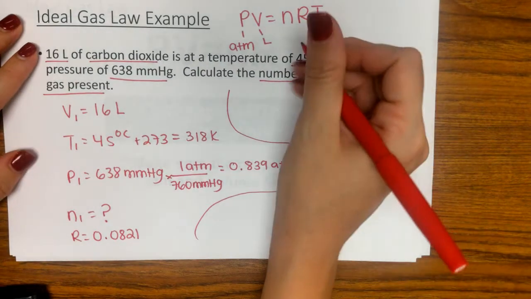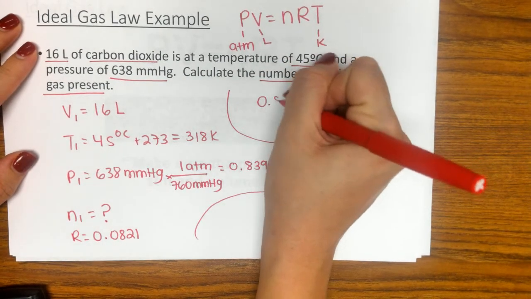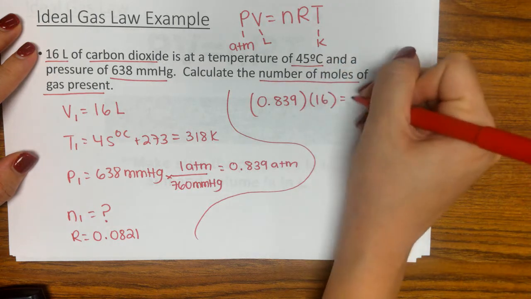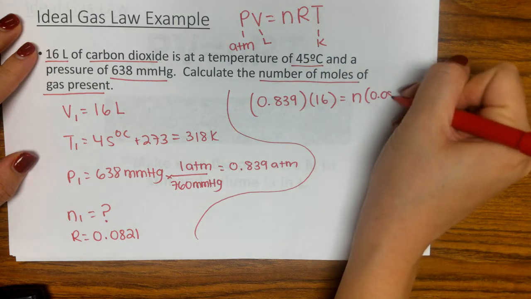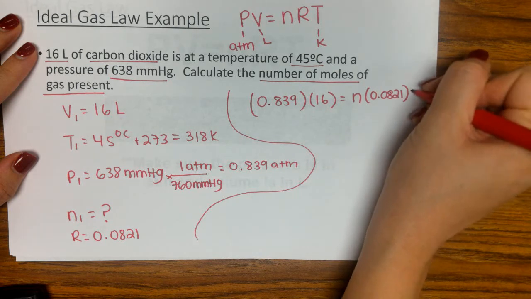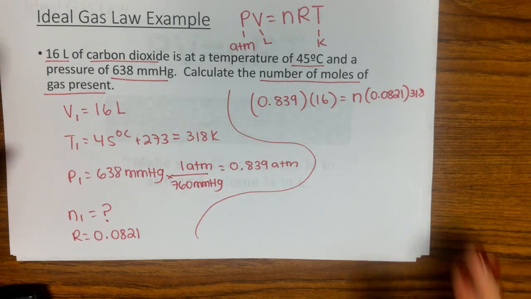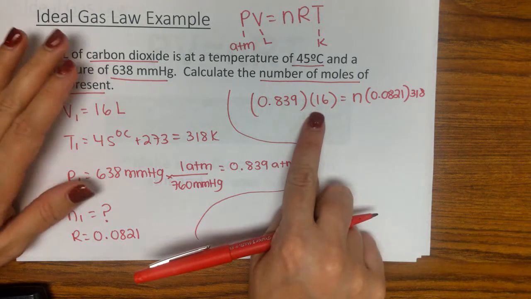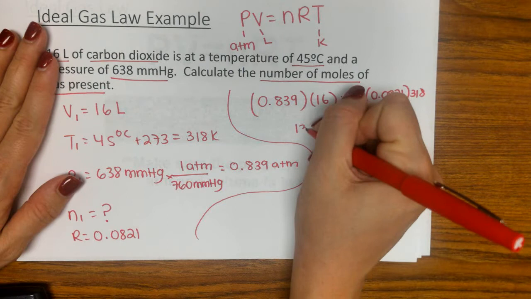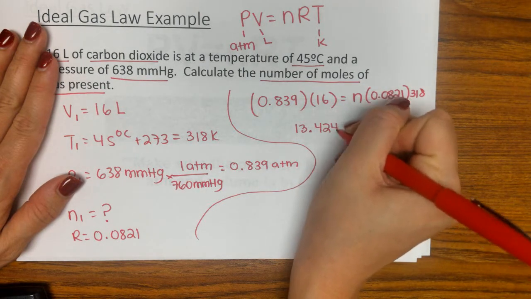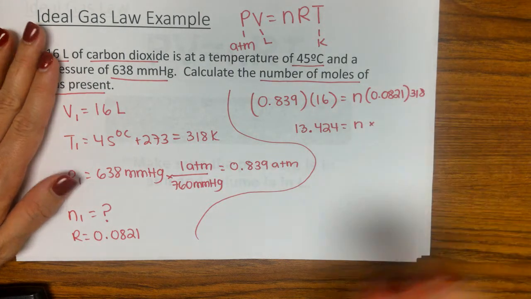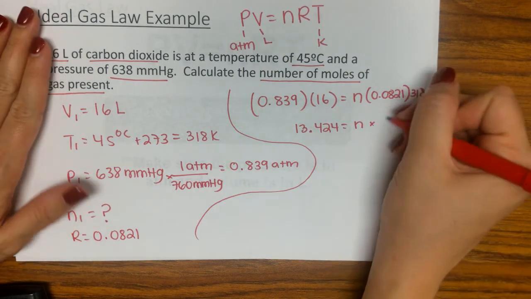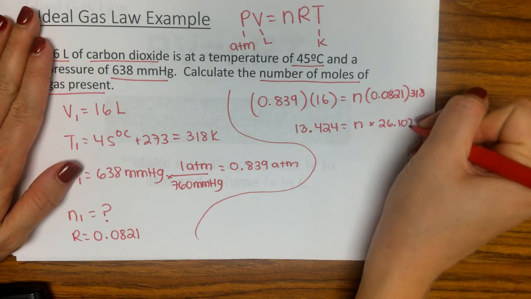Plug into the equation. Okay. Pressure 0.839 times volume 16 equals N times R, which is the constant, that number, times T, which is 318. And then multiply things out. When I multiply this side, I get 13.424 equals N times 26.1078.